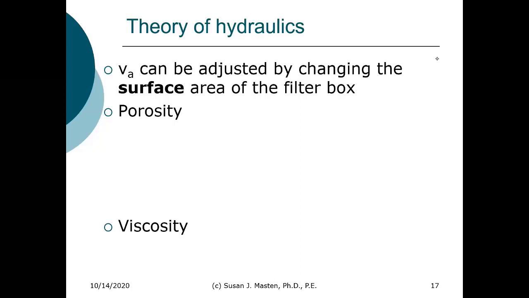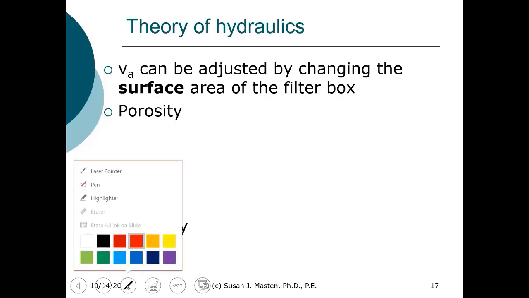So what we'll do is we can adjust the surface velocity or the approach velocity by changing the surface area. Now, once we design and construct the filter box, that surface area is fixed, and there's nothing we can do in terms of changing that.